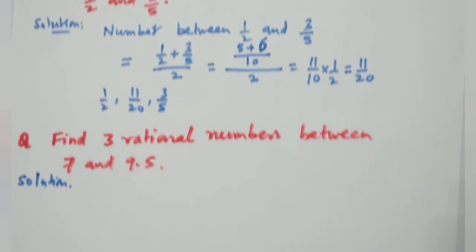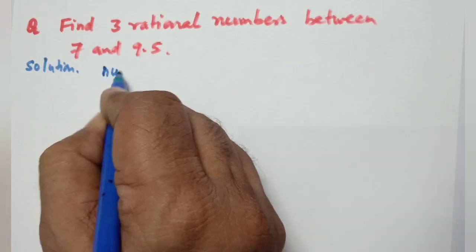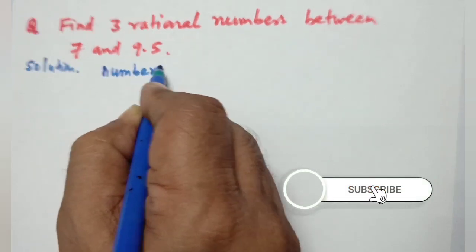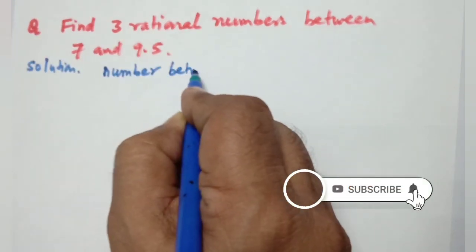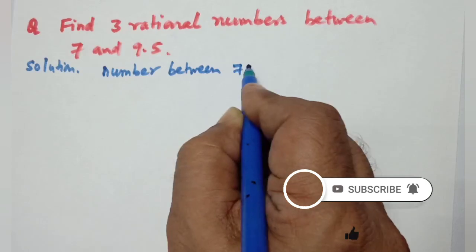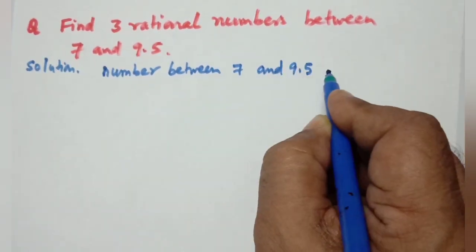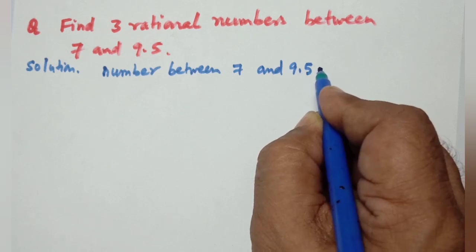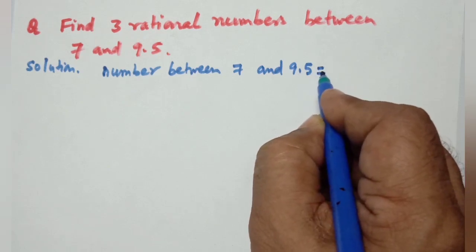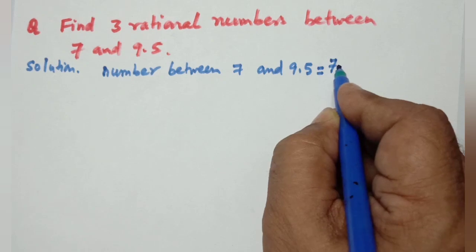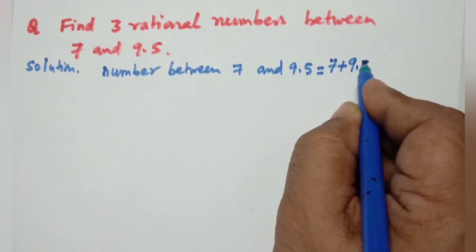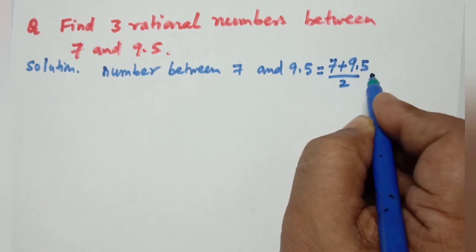Number between 7 and 9.5 is equal to 7 plus 9.5 by 2.